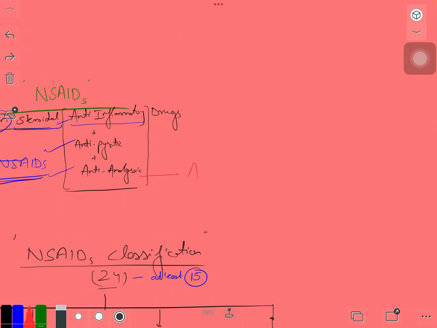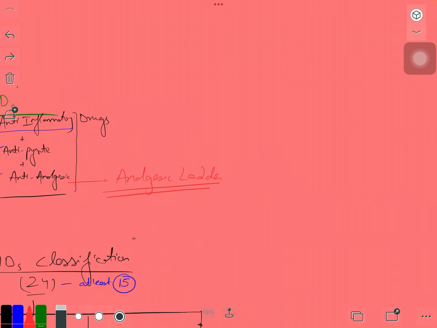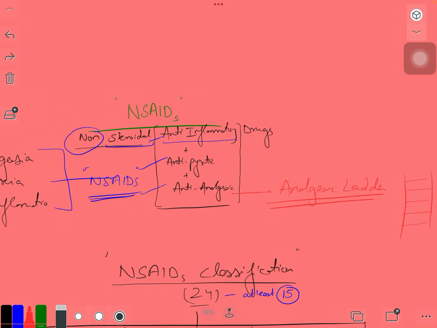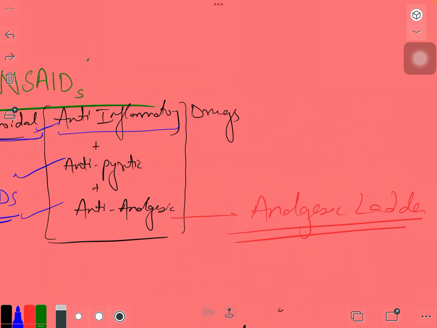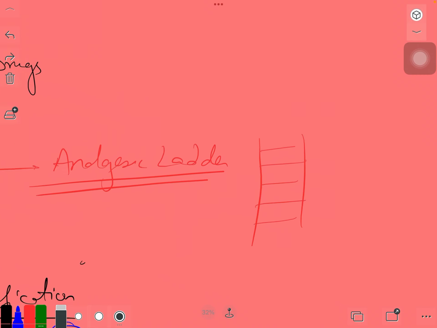For this thing there is the analgesic ladder. We start, let's say it is a ladder, and depending on the person's pain, right? So antipyretic was for fever, analgesia was for pain, and anti-inflammatory was for inflammation, right?